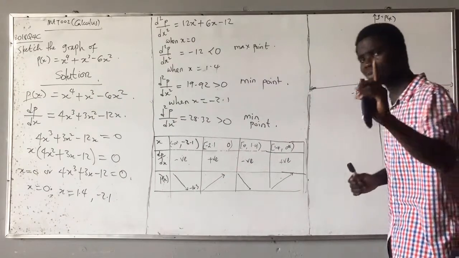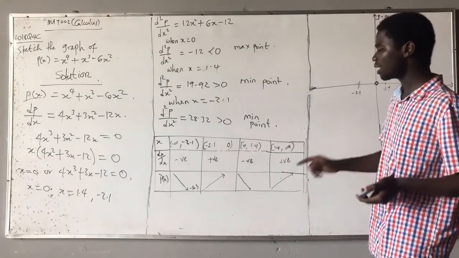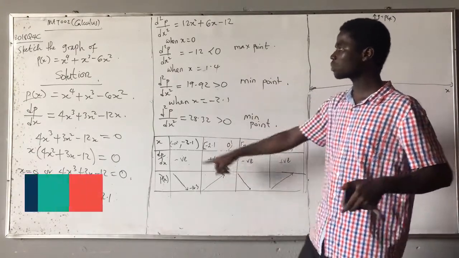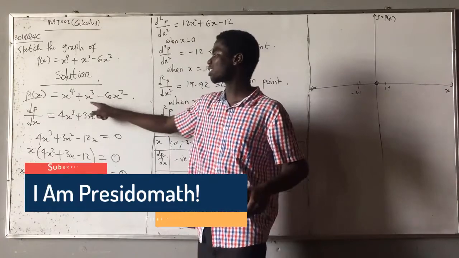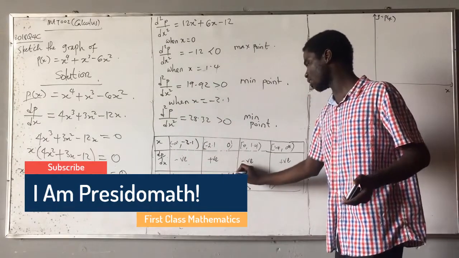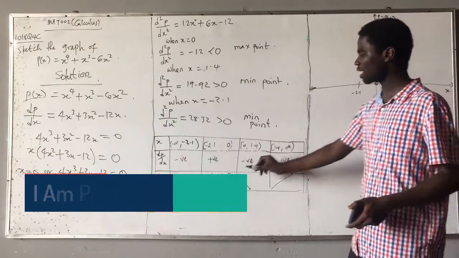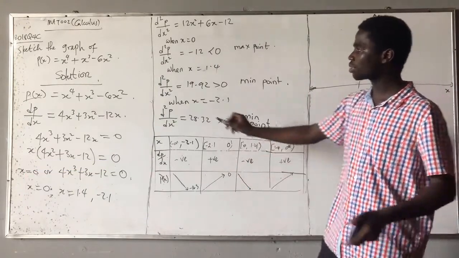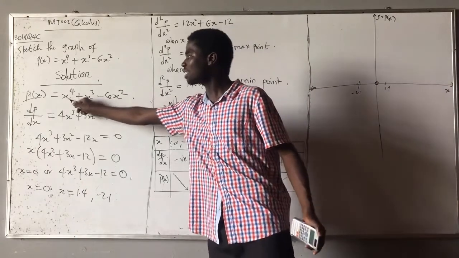Now I'm explaining something. So at this place, it will now come up and get to 0. When it gets to 0, what is P of x? Put 0 here. It is 0 plus 0 minus 0. The answer is 0. So that means it will come up again and get to 0. When it gets to 0, it will come down again till you get to 1.4. Put 1.4 in, anywhere you see x inside this one.